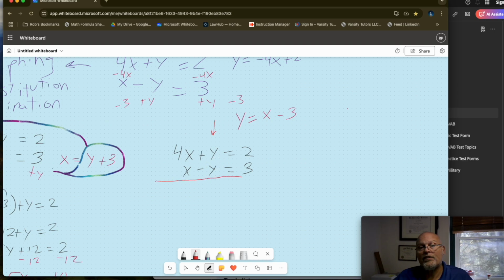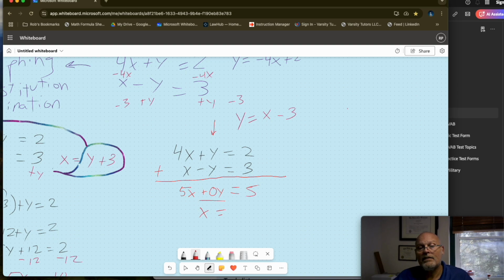And that is the perfect situation for elimination, because now all I have to do is add the two equations. If I add each term, I get 4x plus x, or 5x, plus y and minus y is plus 0y, which is what I wanted, equals 5.